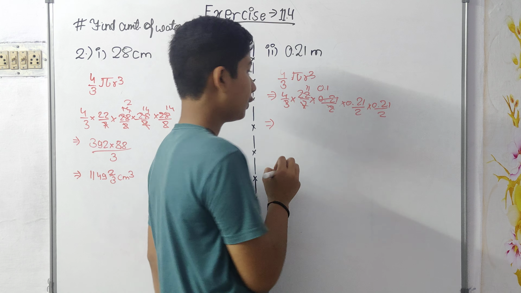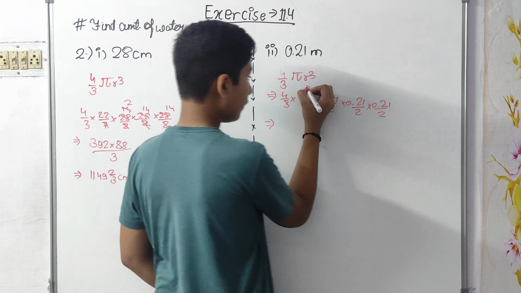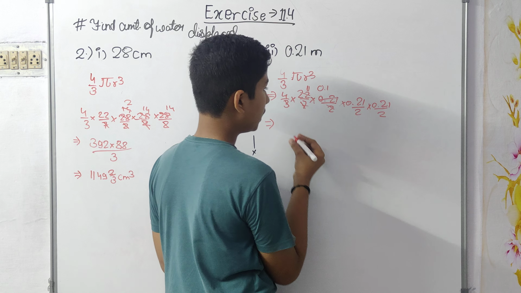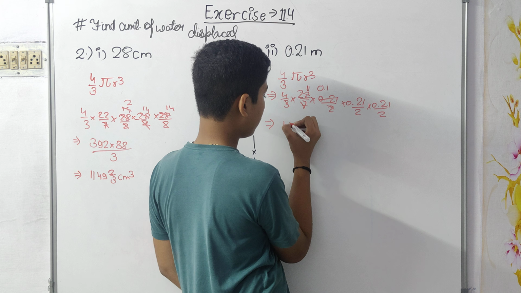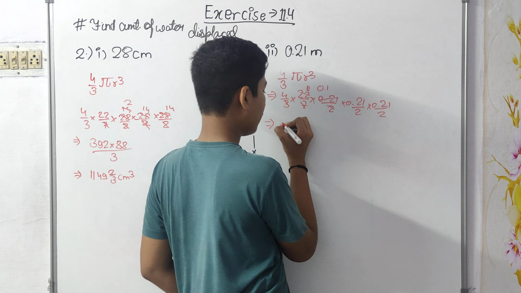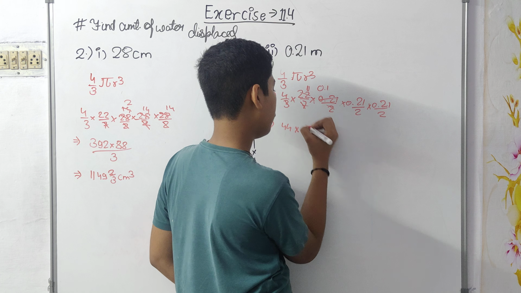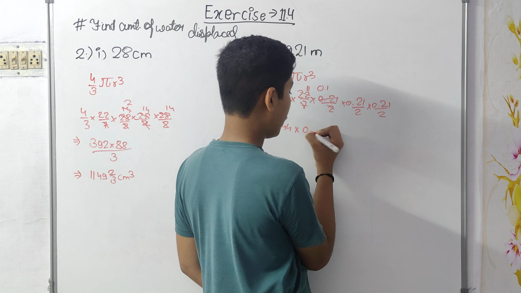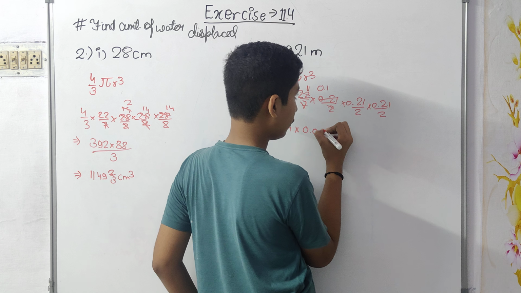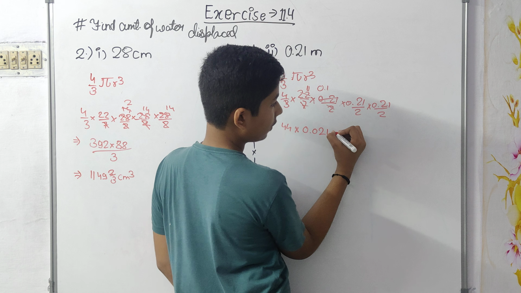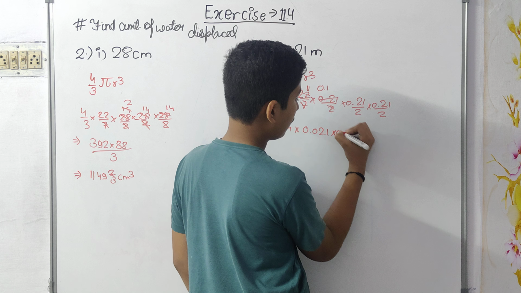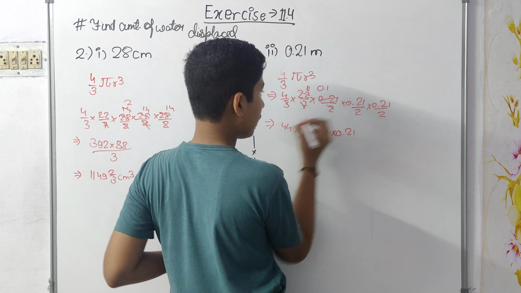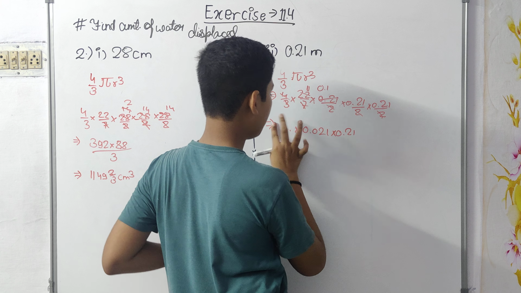Wait, leave it like this. 44 into 21 into 0.1 is 0.021 into 0.21. Okay, wait, these two cancel, so it would be 11 only.